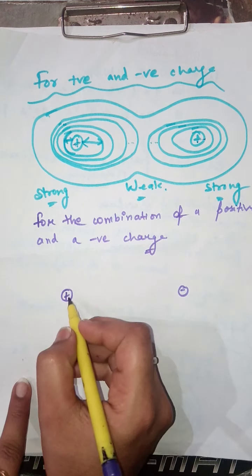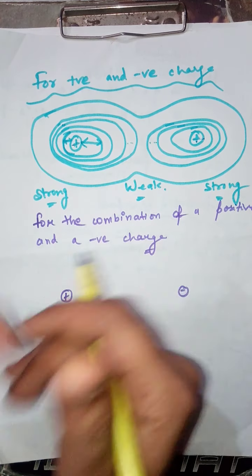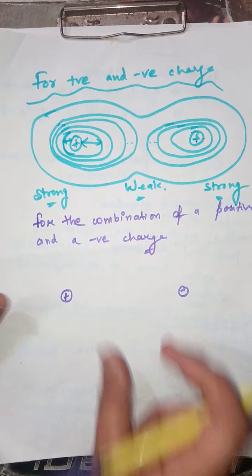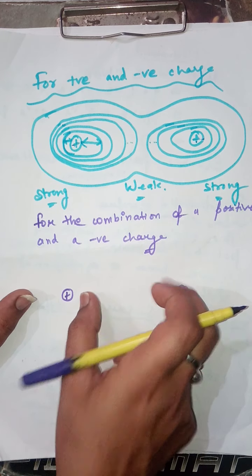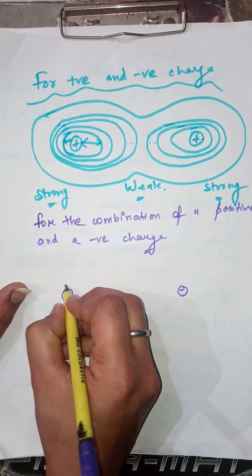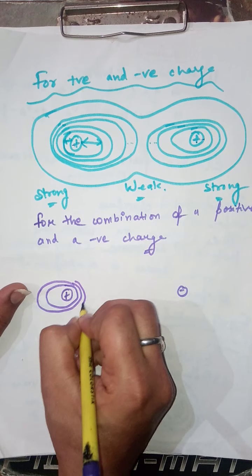Since we have a positive and negative charge, there will be attraction between the two charges, resulting in more electric field in this region, and hence the crowded lines.